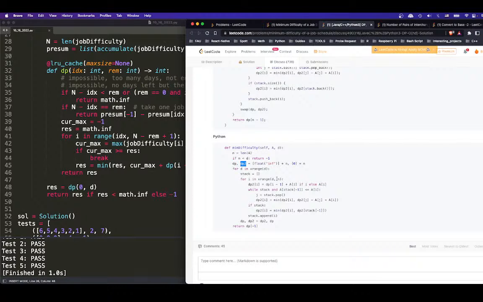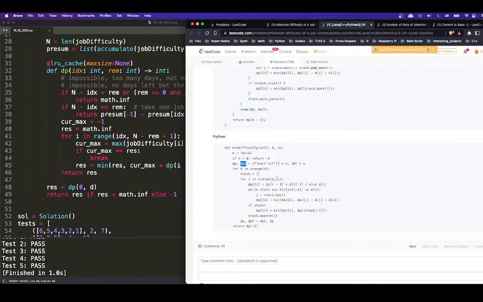Then we say dp2i, which is the difficulty of the current job. If we have a stack, then at the end of the stack, that's a job, and that job is higher than me. That job difficulty is higher than me.